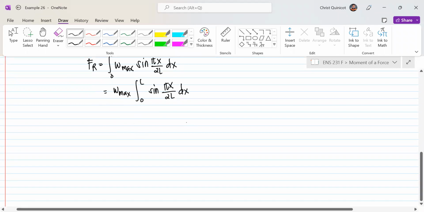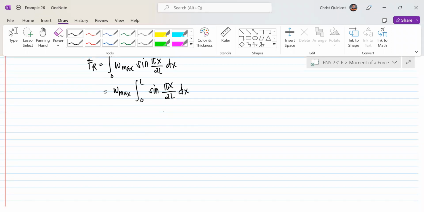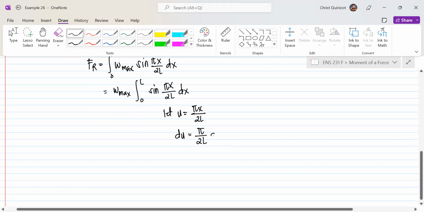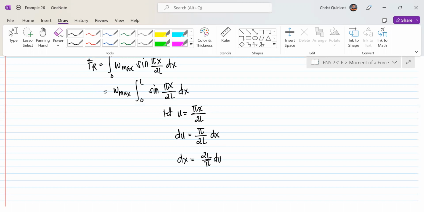This is a trigonometric function. So we let u be equal to pi x over 2L. du is equal to pi over 2L dx, and solving in terms of dx, this becomes dx is equal to 2L over pi du.